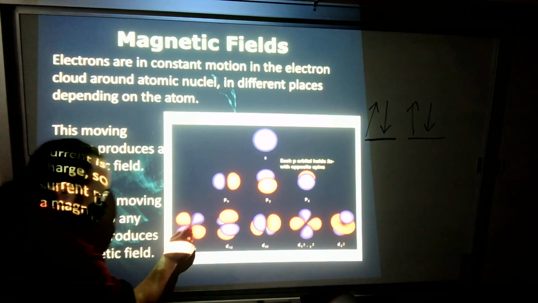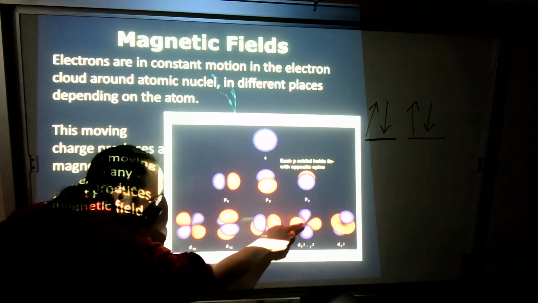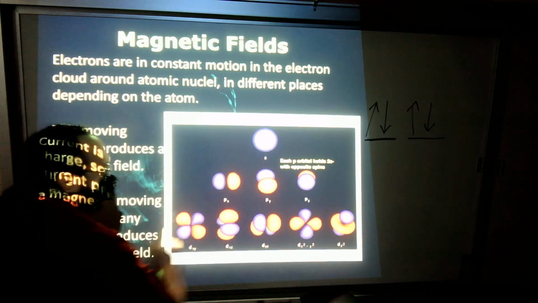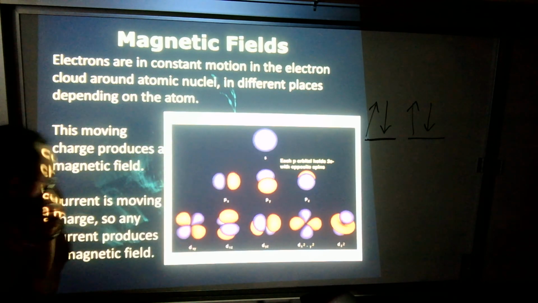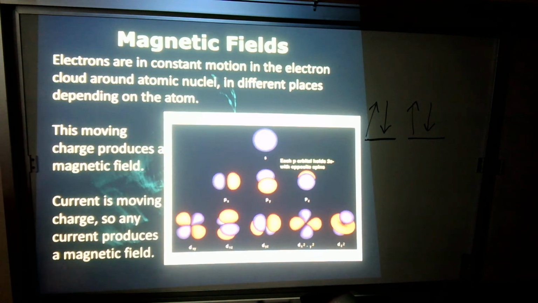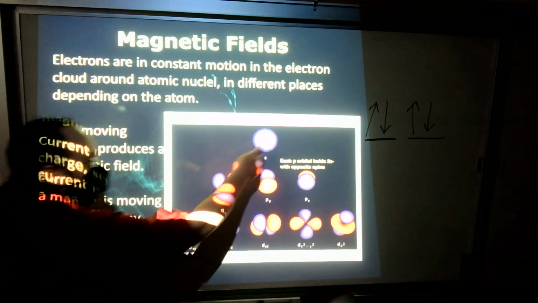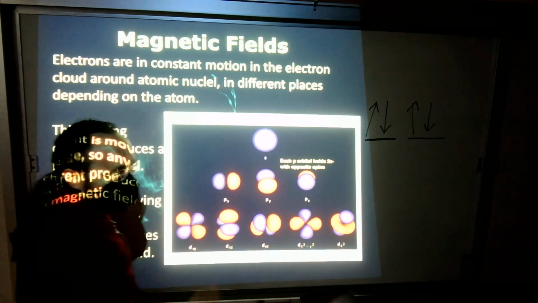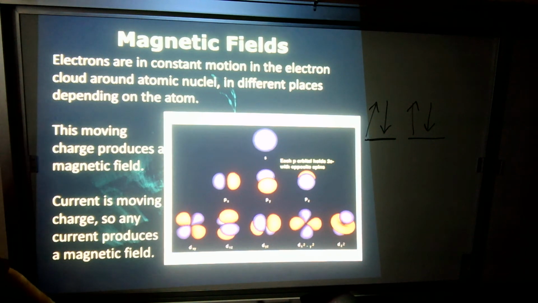The nucleus is in the center of each of these little pictures, in the center of that sphere there. Electrons just have a probability of existing in that area because they don't exist like normal matter that we're used to. And when they move, they don't go in circles. They teleport around in there. It's a quantum thing and it's very weird. But it's not a whole orbit thing, that's fake.